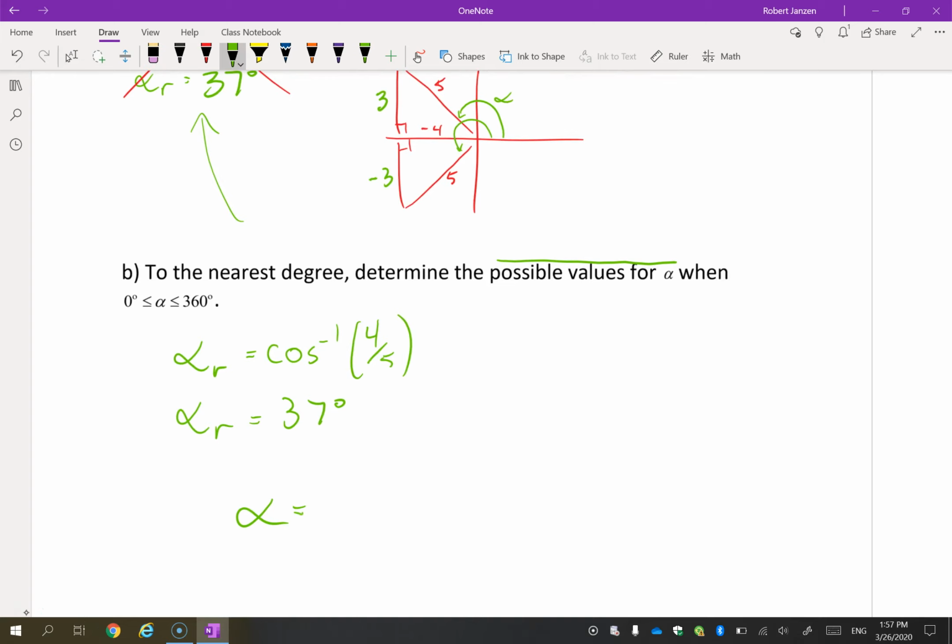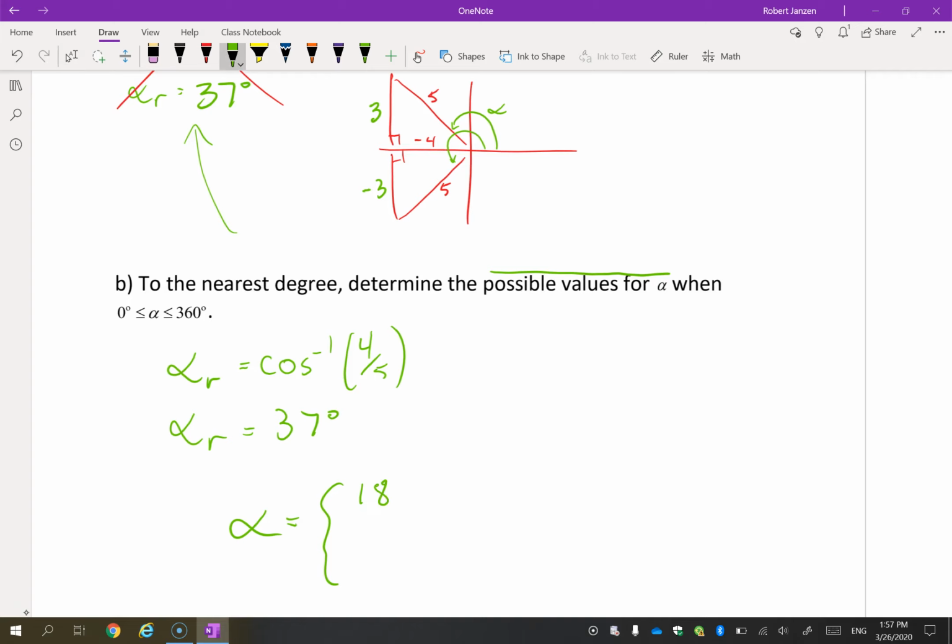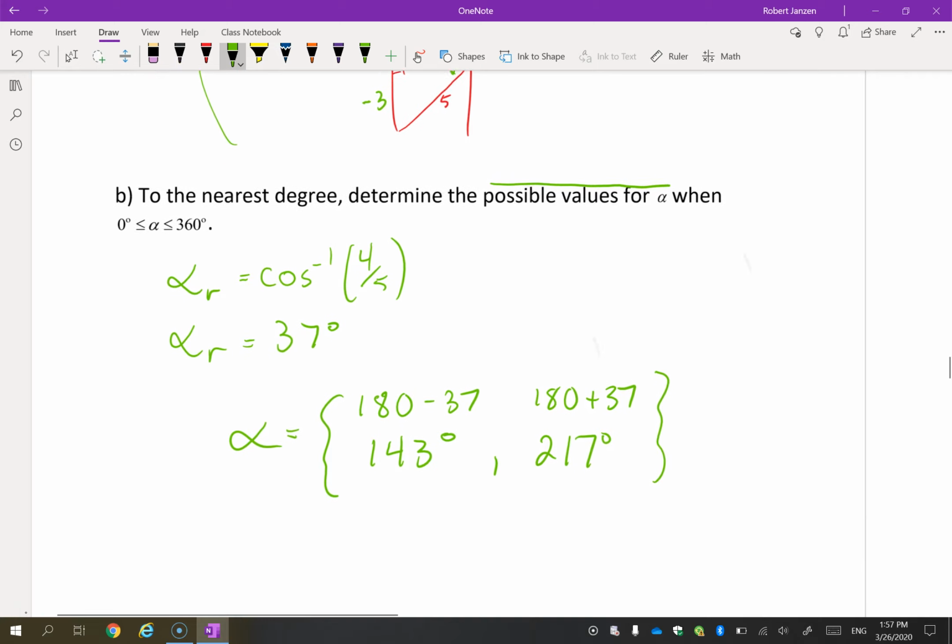So what is the measure of the angle? Well, in quadrant 2, it would be 180 take away 37, so 143. And in quadrant 3, it would be 180 plus 37, which is 217. All right.